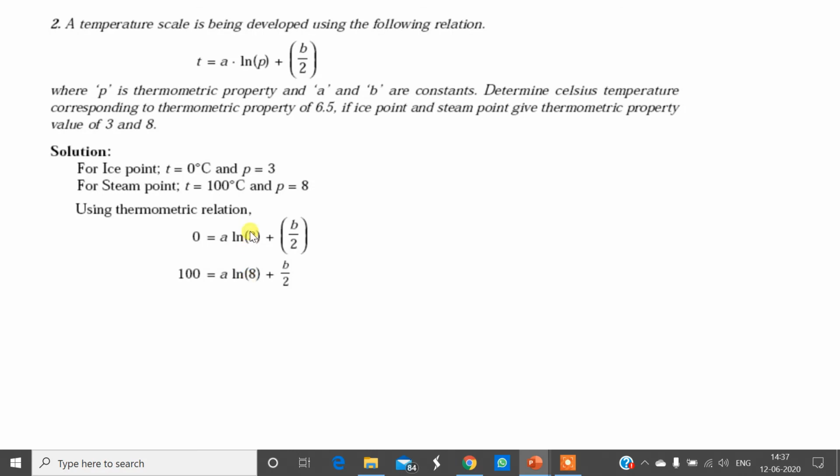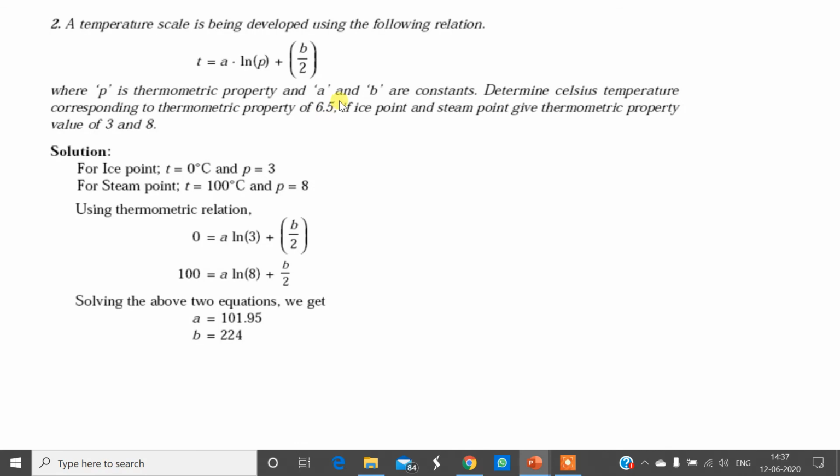Solving these two equations simultaneously, we get A as 101.95 and B equal to 224.